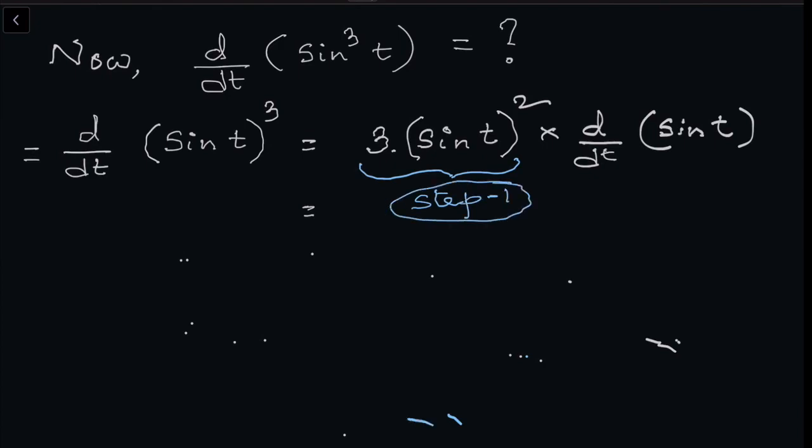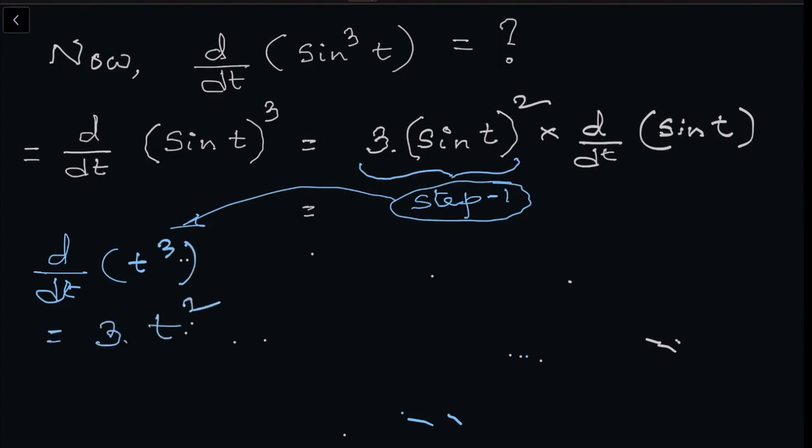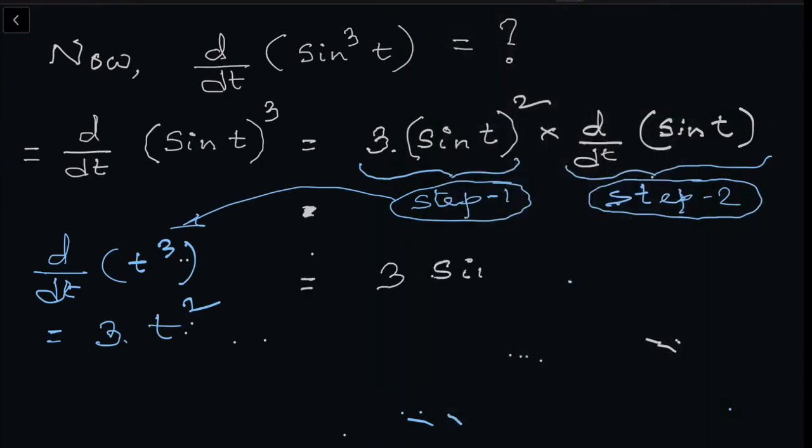Step 1, you can match it with step 1. In step 1, we knew that d/dt of, suppose, t to the power 3 should have been 3t square. Now the second part, step 2, is d/dt of sine t. So 3 sine square t into d/dt of sine t, which will become cos t. So we can write the answer here.